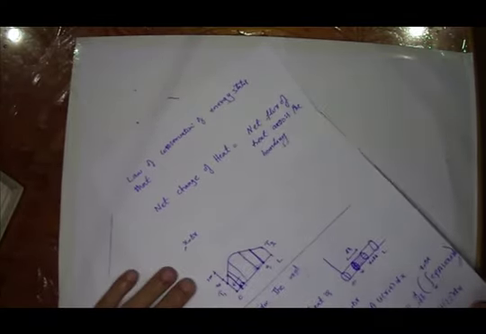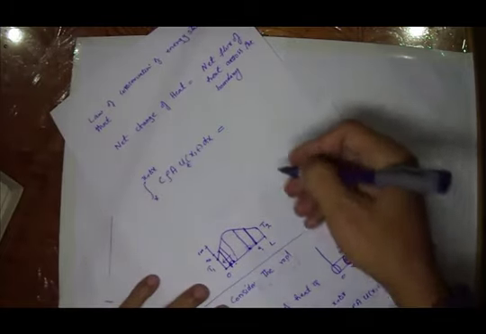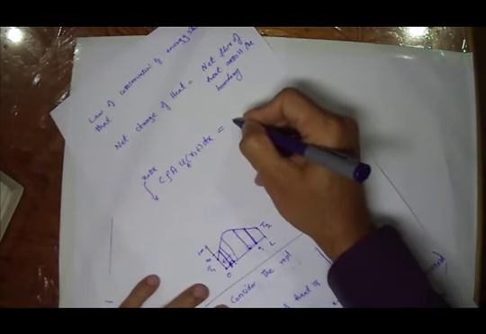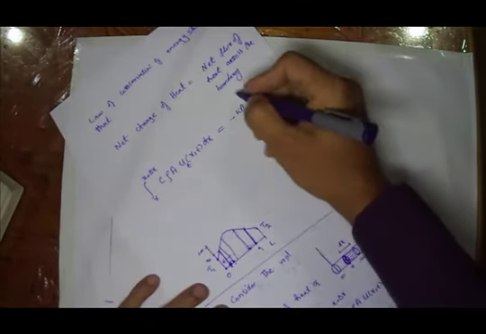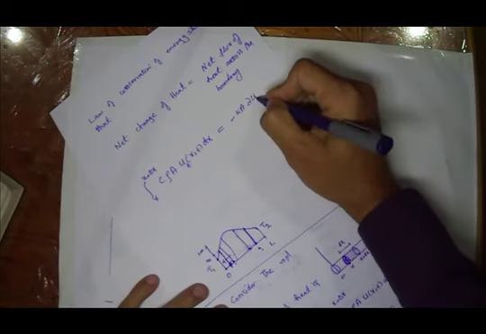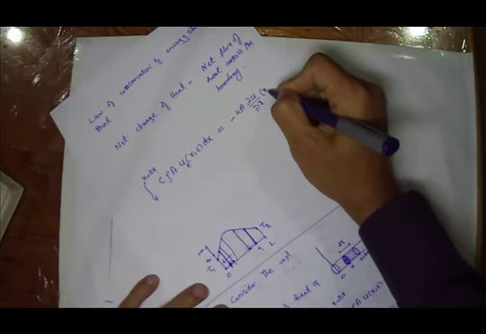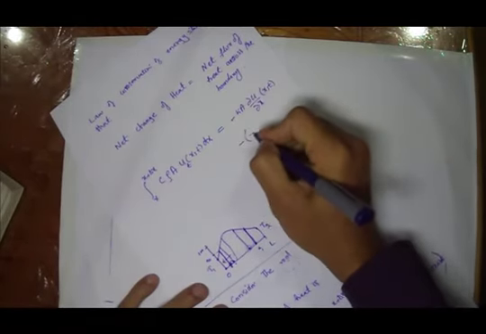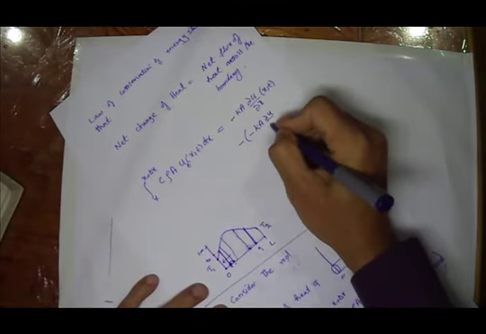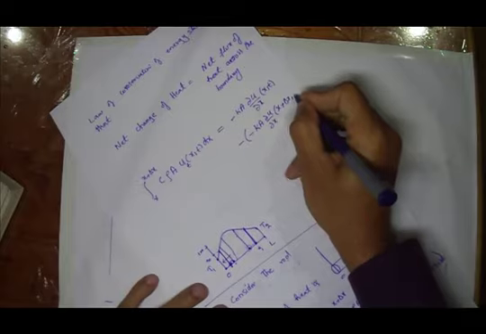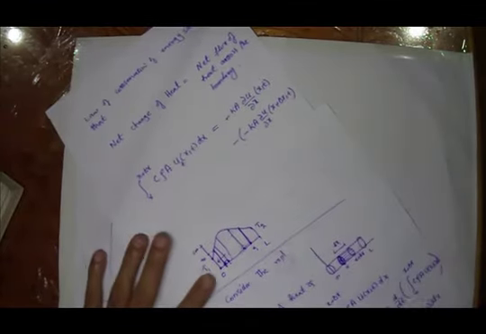This is equivalent to the net flux across the boundaries, means the flux at this point minus the flux at this point.